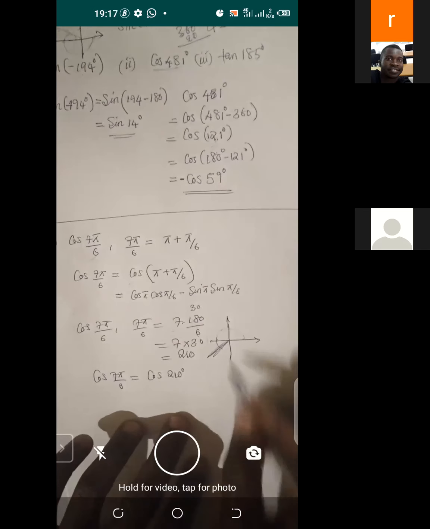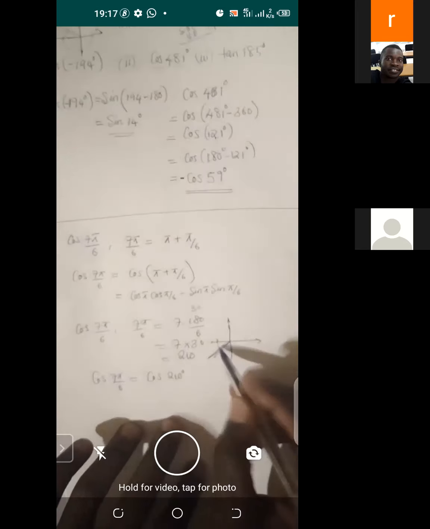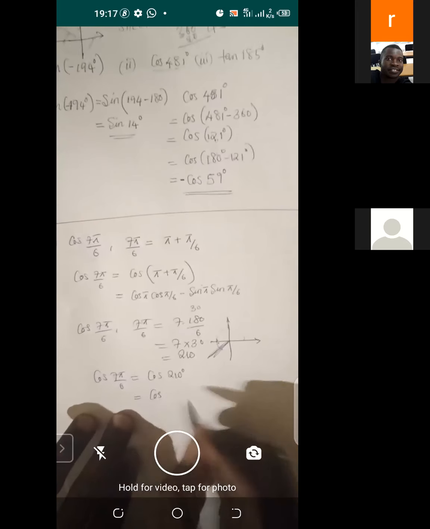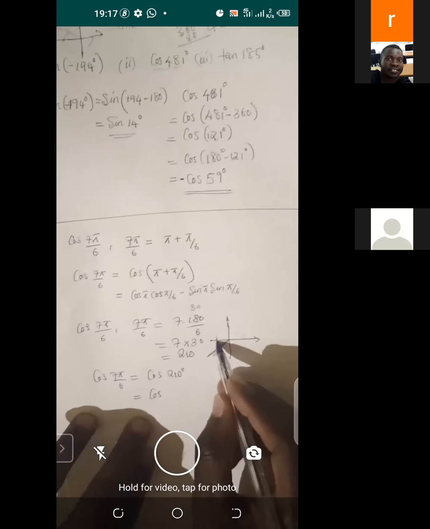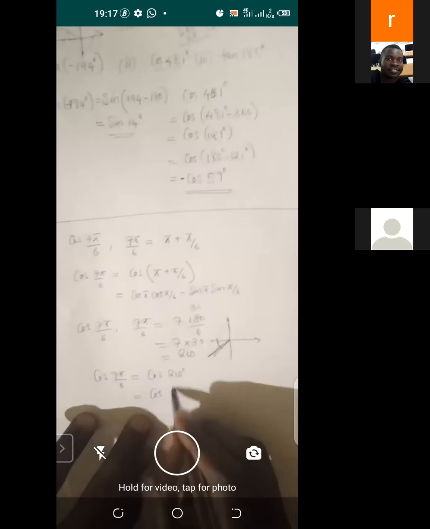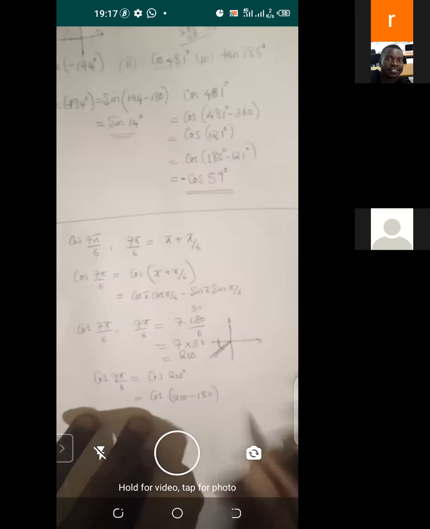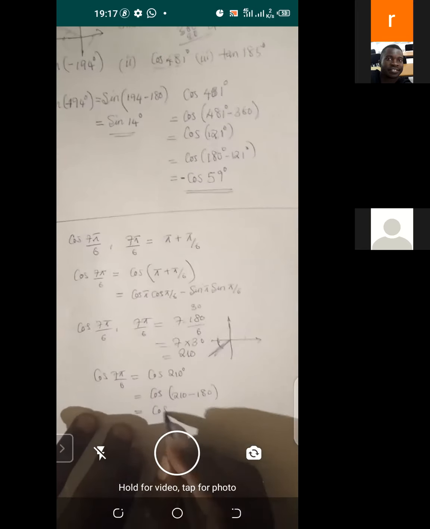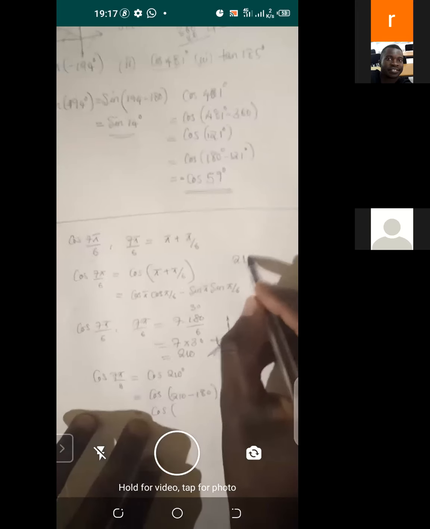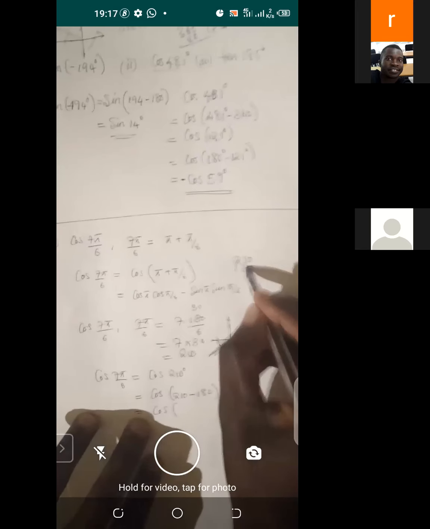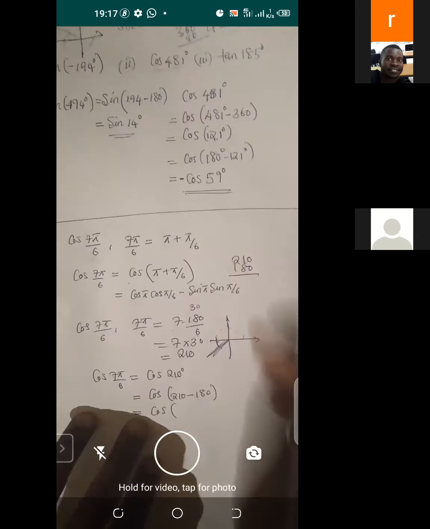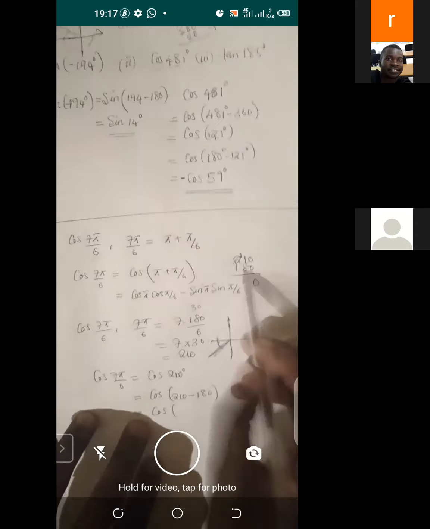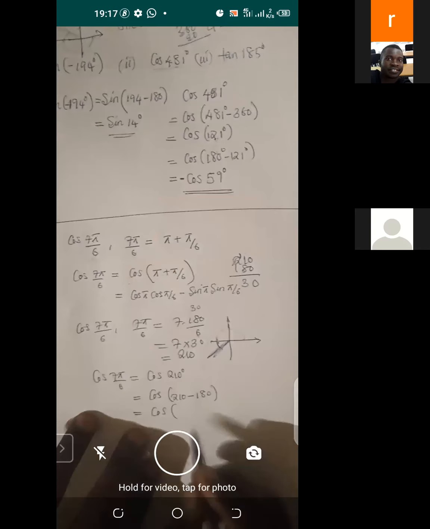To find the reference angle, you simply say this is 210 minus 180. What is 210 minus 180? You get 30 degrees there.